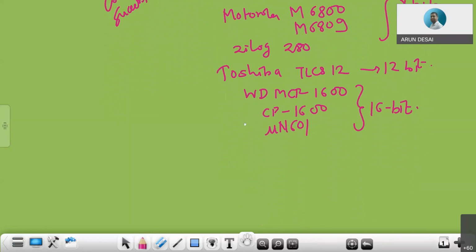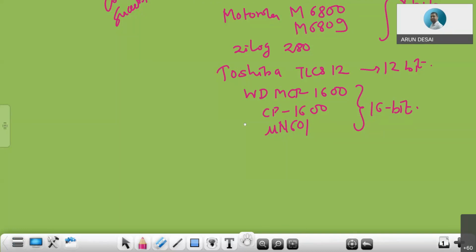What are the characteristics of second generation? The chip is of 40 pins in that case. In first generation we used basically 16 pins for 8-bit and 40 pins for 16-bit. In second generation, they came up with 40 pins, right? They have the ability to address more memory space with second generation processors.